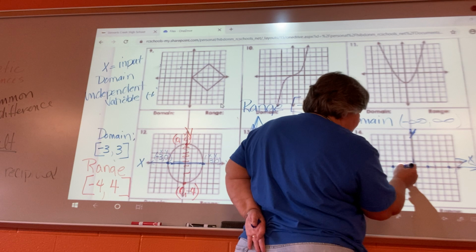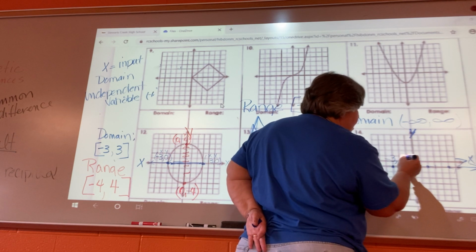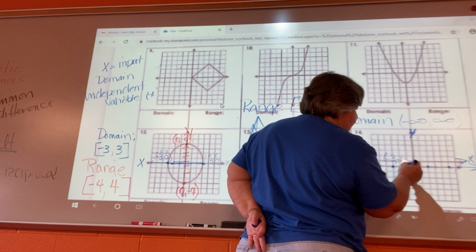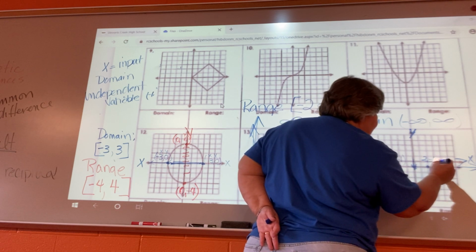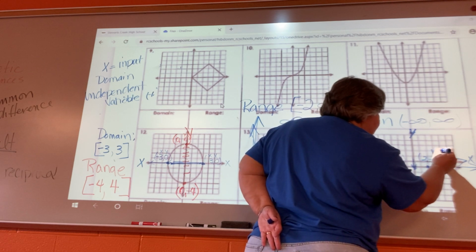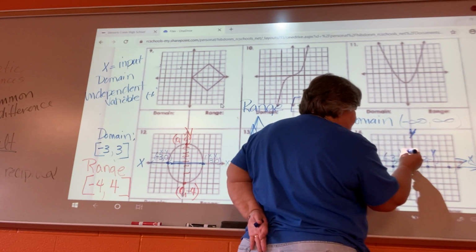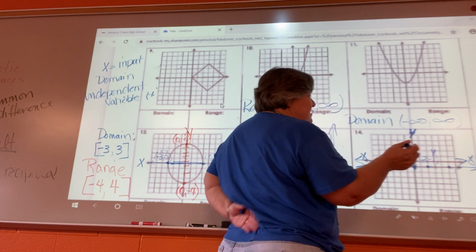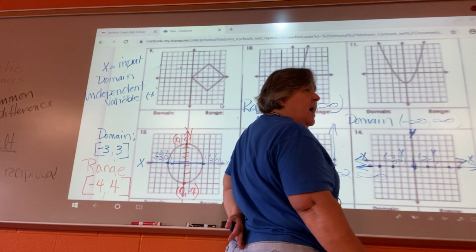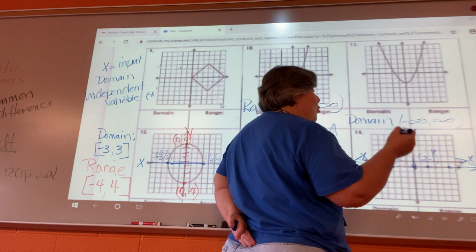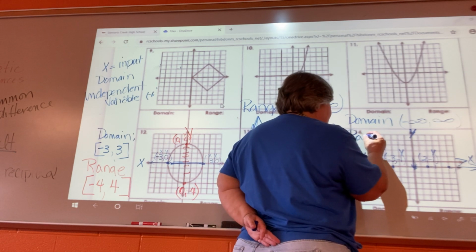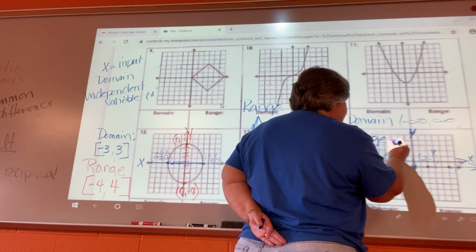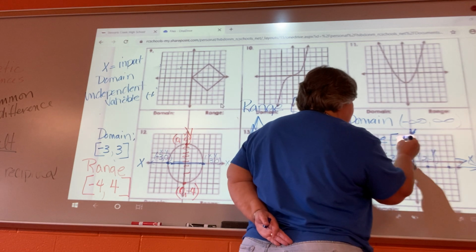X here would be -3, -1. This one is +2, -1. So if you follow me, the Y values are -1. So that's the only Y value you have. So the range is just what you have in Y values, and that is -1.